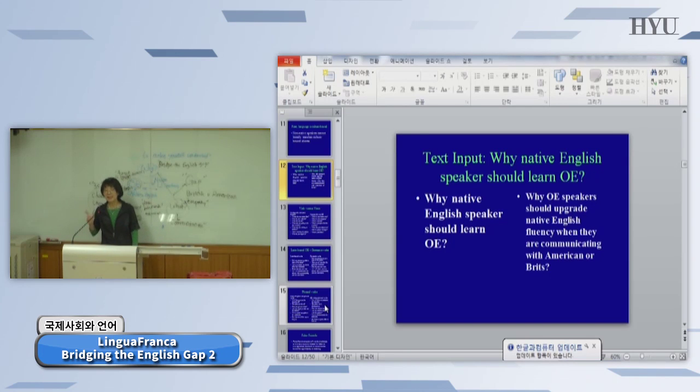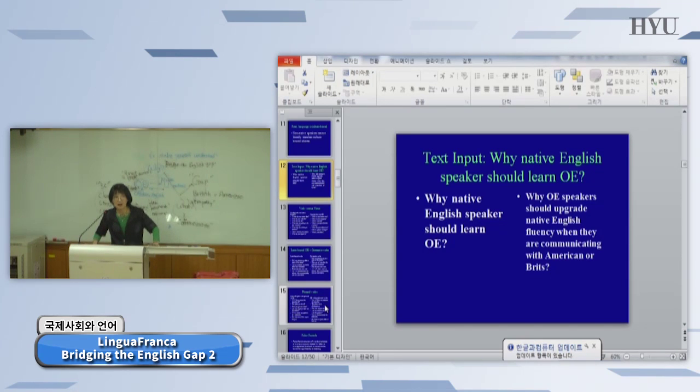However, OE speakers should understand and acknowledge that there are different varieties of English. Sometimes we need to adapt the way we speak to the need of the person that we are addressing. The same is true for native speakers.